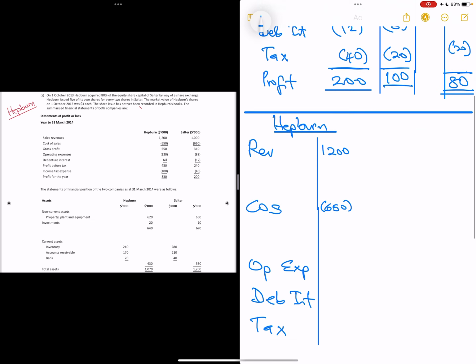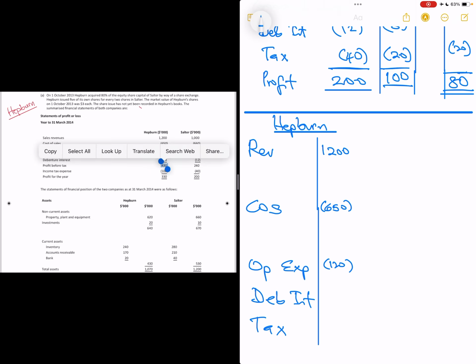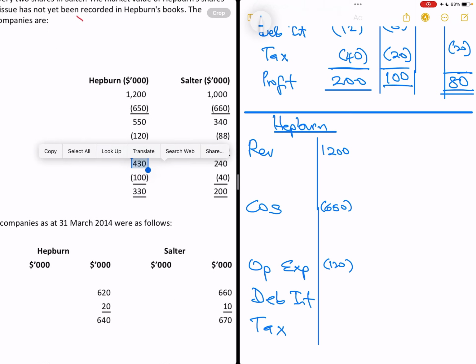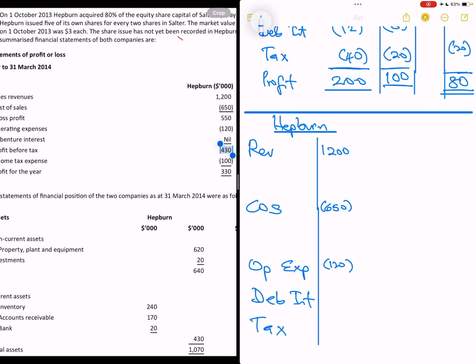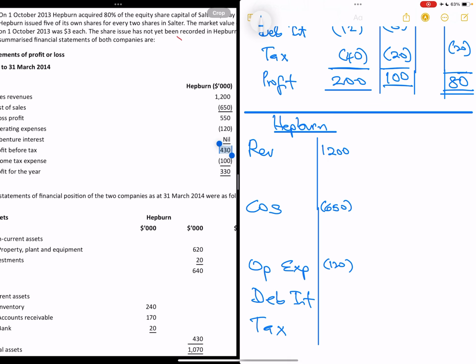Okay. Operating expenses is 120. There's no debenture interest for the parent, so nothing here, and tax of 100.